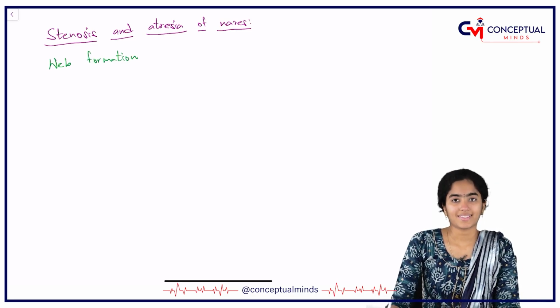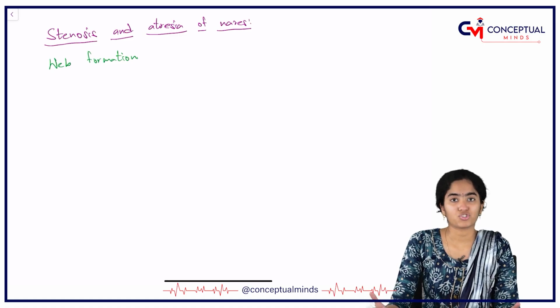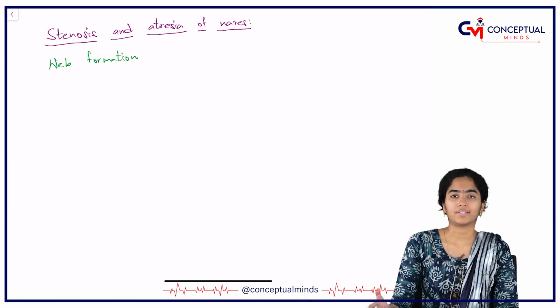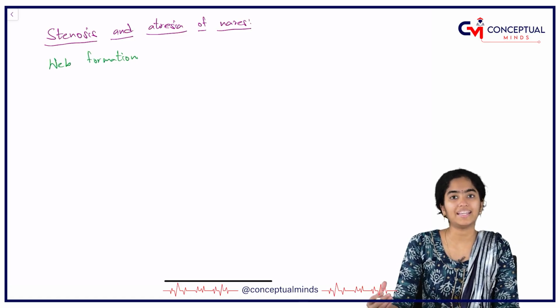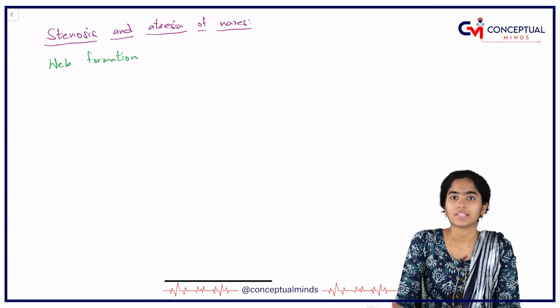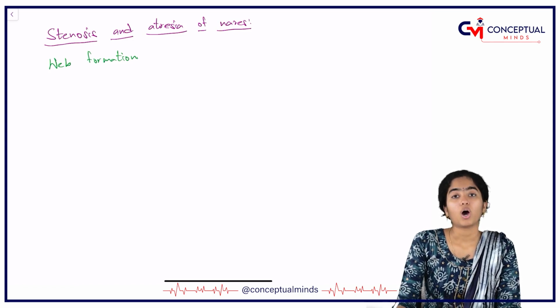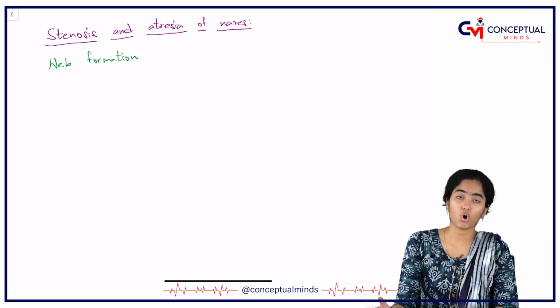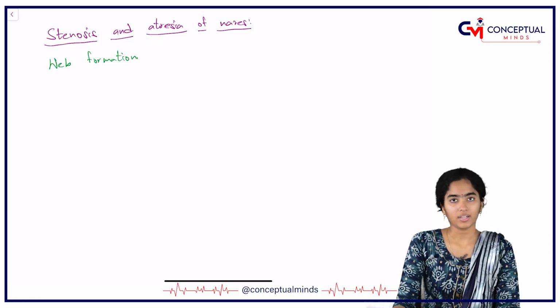Now, why does web formation occur? Mostly after a trauma. Post-traumatic web formation occurs during the healing process. A web is formed that closes the external nares. Or sometimes after the surgery of the nasal tip or vestibule also, a web can occur.